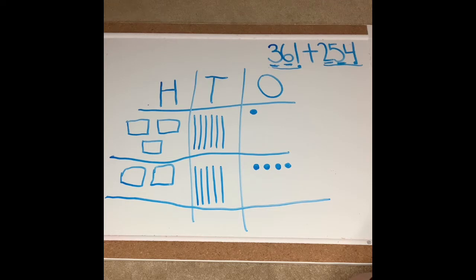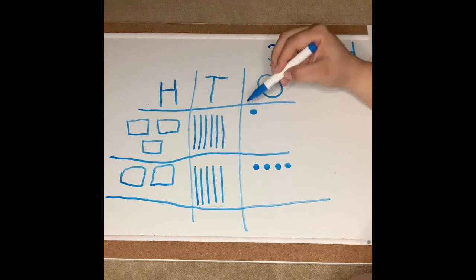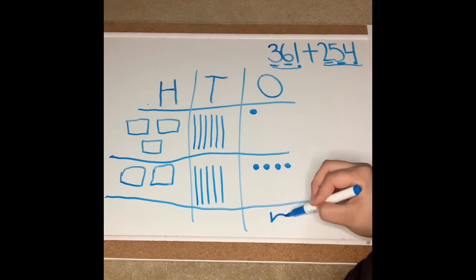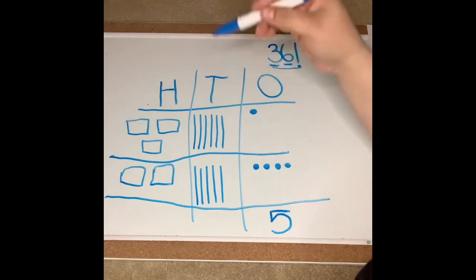We're going to start adding from our ones place. And remember, when we start on the right, we'll be all right. So we're going to count our ones. So 1, 2, 3, 4, 5. So we have 5 ones. Now we're going to move over to our tens place.